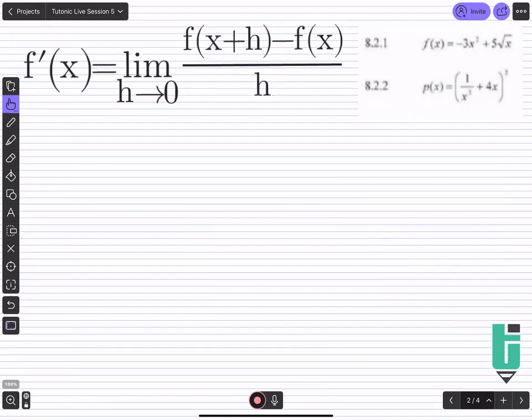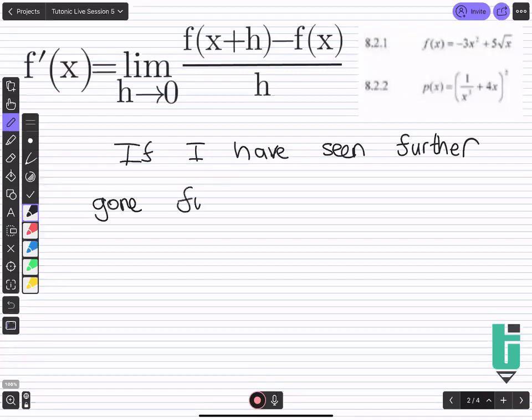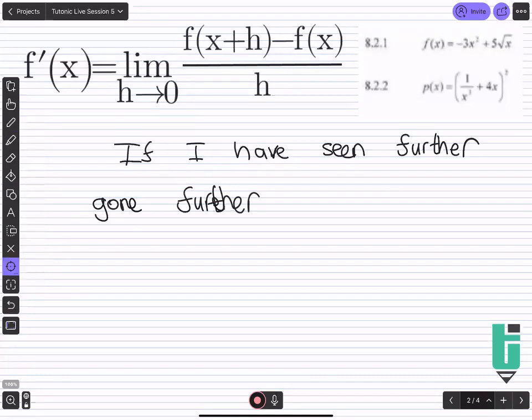And you know, Isaac Newton's famous quote, when people asked him, how come you achieve so much in your life? And he said to them, that if I have seen further, have you heard this quote? Anybody heard this quote? He said, if I have gone further, it's because I've stood on the shoulders of giants.